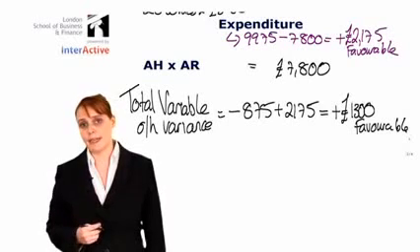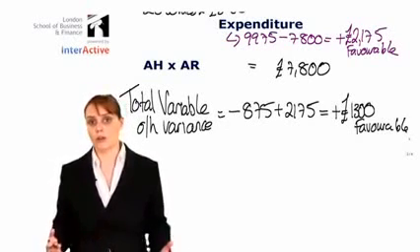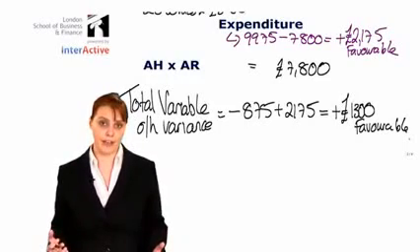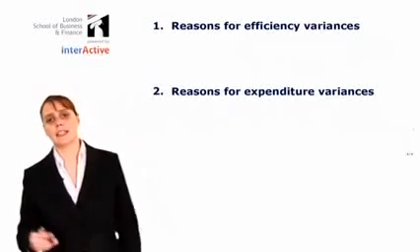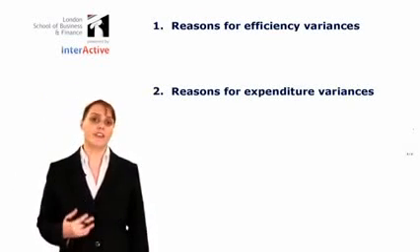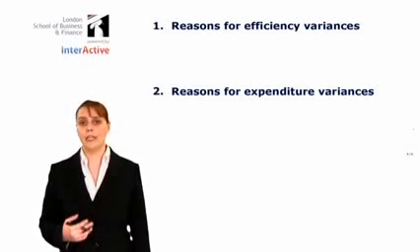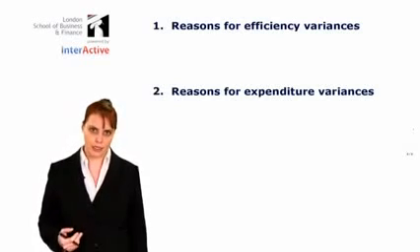Our final step again is to briefly consider what might cause these variable overhead variances for the company. Well, let's think about our efficiency variance first. In our efficiency variance, we looked at our standard hours at the standard rate.